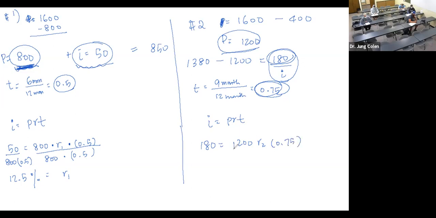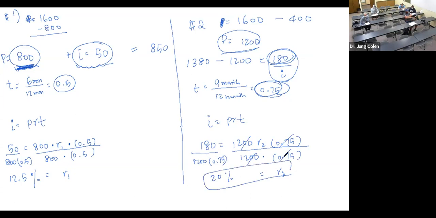So we can divide both sides by 1200, and divide that again by 0.75. And your R2 is what? 0.2, or 20%. Thank you. So second option, you have 20%.